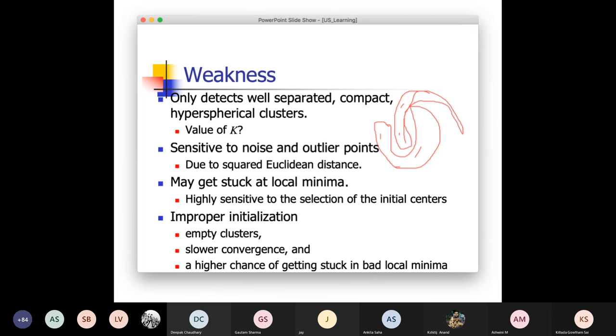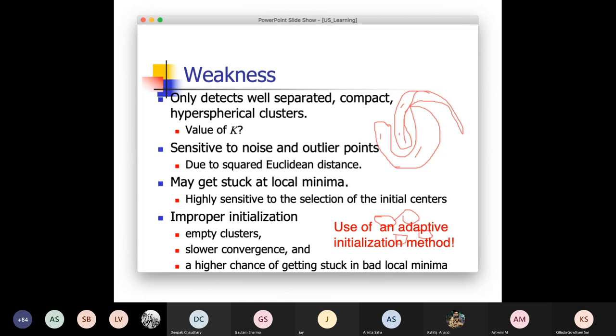It is very difficult to get this kind of clusters extracted using k-means. A spherical shape means I have clusters like blobs. These are good cases to apply k-means to. So you should know the number of clusters, and the cluster shapes should not be very arbitrary. They should have a certain blobbiness or some kind of spherical shape.